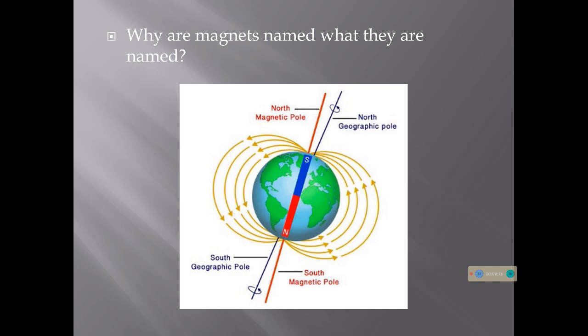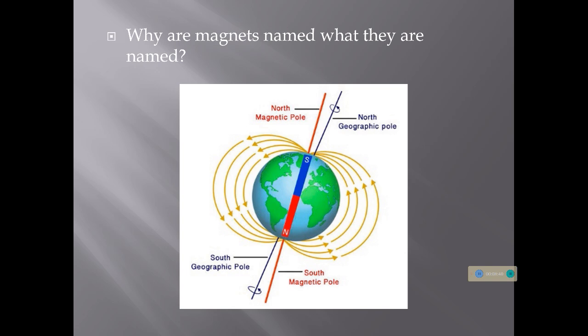The words north and south in this case could have been anything. They could have named one side of the magnet Tom and the other side Jerry, and then Tom would be repelled by Tom and attracted to Jerry, and it wouldn't matter. It's a little unfortunate that they decided to call it north and south, because that causes some confusion as far as the directions are concerned.